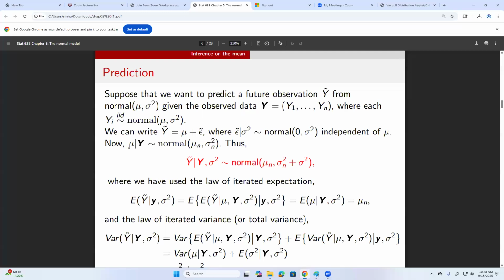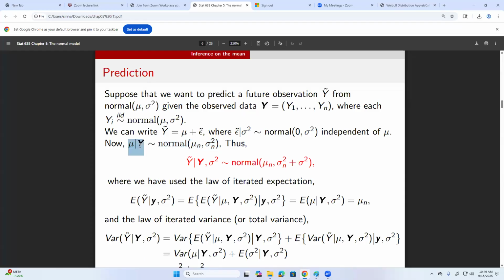Now the posterior distribution of mu, given the data, follows this normal distribution that we derived already, with mean mu sub n. What was mu sub n? It is n y bar over sigma square plus mu 0 over sigma 0 square, divided by n over sigma square plus 1 over sigma 0 square. And sigma n square is 1 over (n over sigma square plus 1 over sigma 0 square).